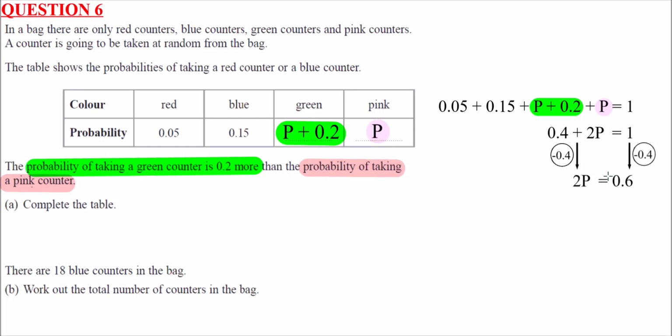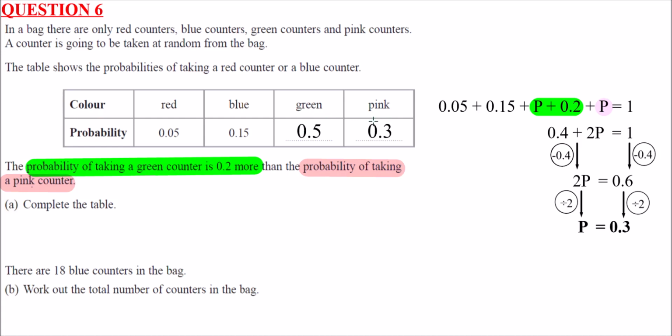Finally, halving both sides to get what 1P is, P must therefore be 0.3. So we can replace P and P plus 0.2 with 0.3 and 0.5, like so, and that's our table properly filled in. Green 0.5 and pink 0.3.